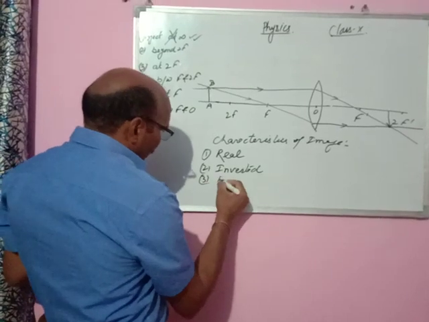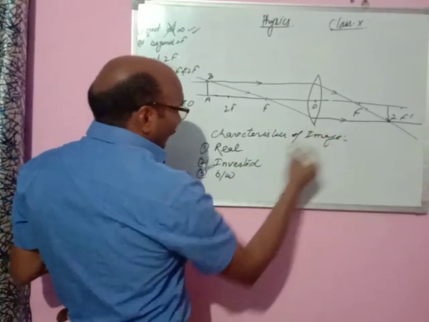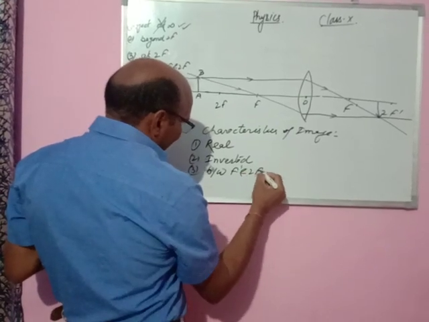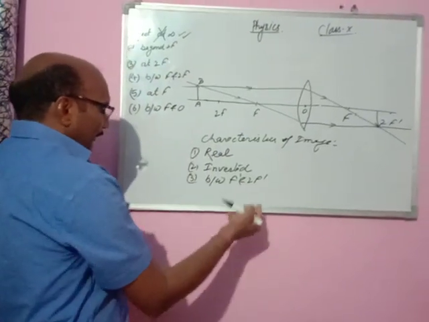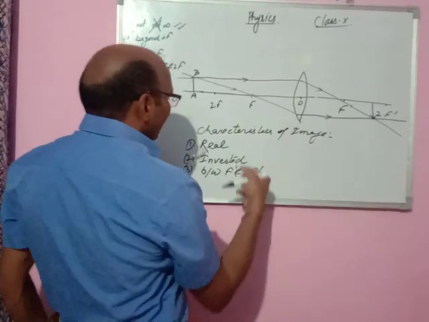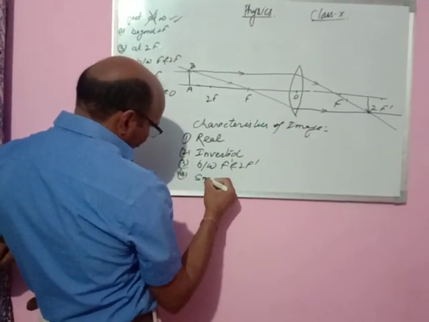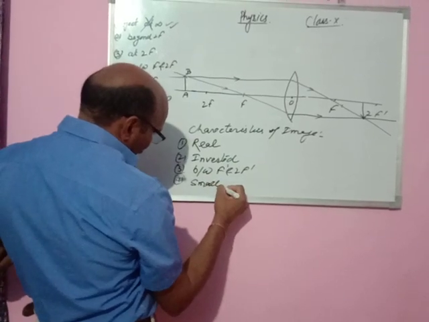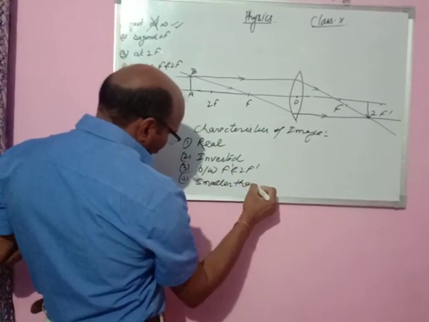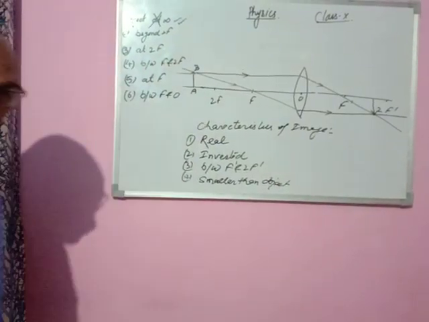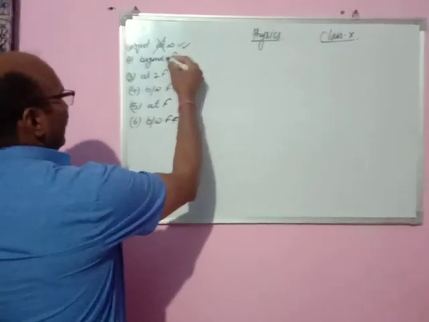Number three, between F dash and 2F dash. Real, inverted, between F dash and 2F dash, and the size is smaller than the object. Okay, now the second condition is over.